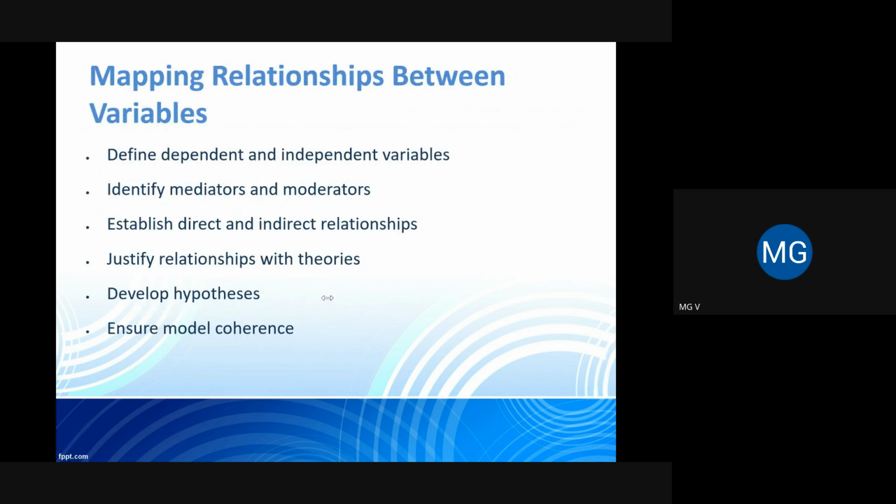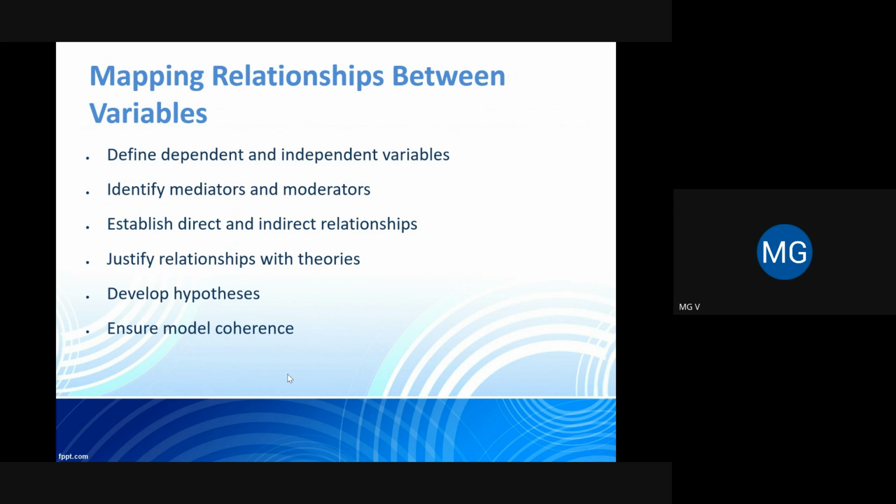Mapping relationships between variables is crucial for a strong research model. Dependent and independent variables define the core study structure. Mediators explain how an independent variable affects a dependent variable, whereas moderators influence the strength of the relationship.